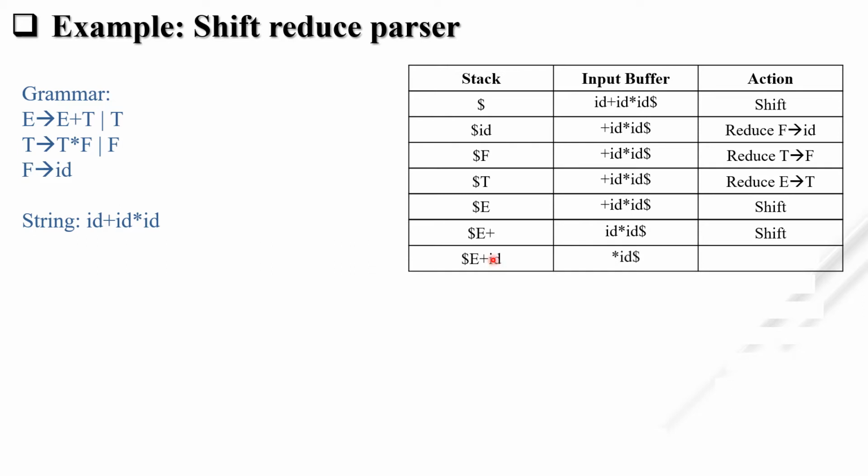ID will be replaced with F. Now if we get E plus F, no, it is not in the grammar. E plus T will be there, so we have to replace this F with T because we have a production. We can reduce this F with T. So T tends to F, we have to reduce.